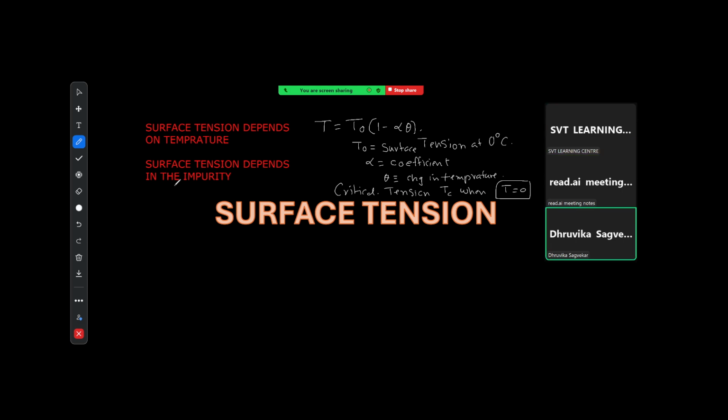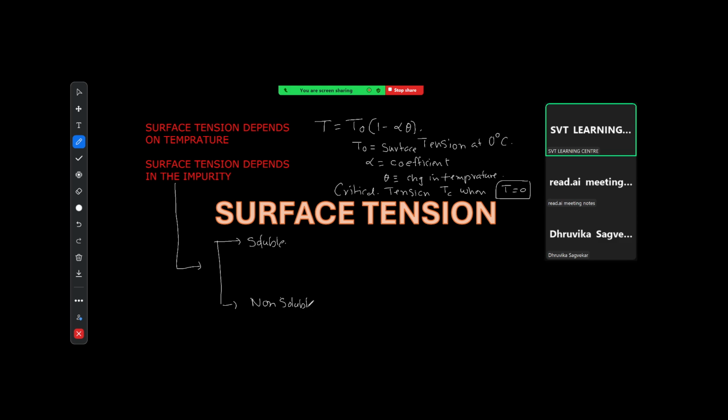Now, as far as impurity is concerned, there are two types of impurities. One is soluble, and the other is non-soluble. If you add soluble impurities, your surface tension will increase.